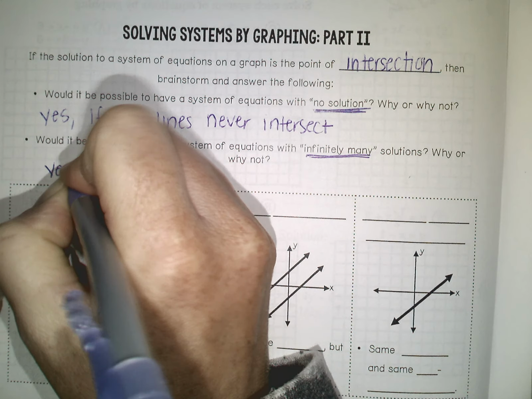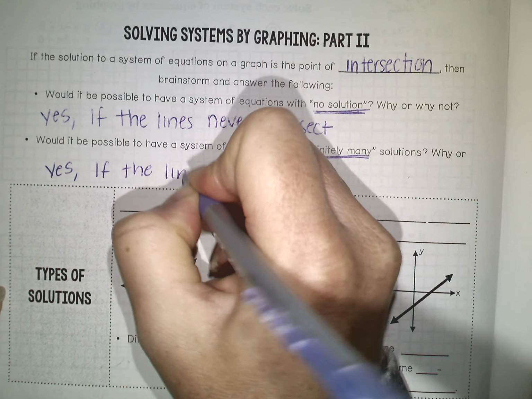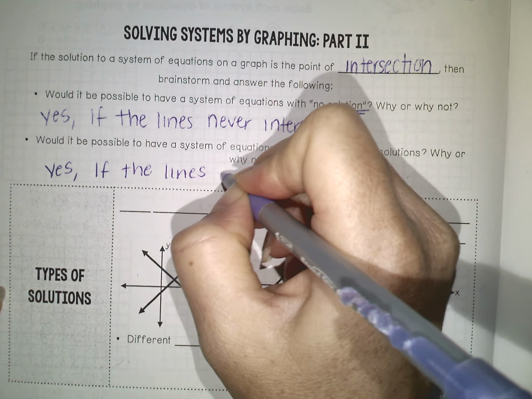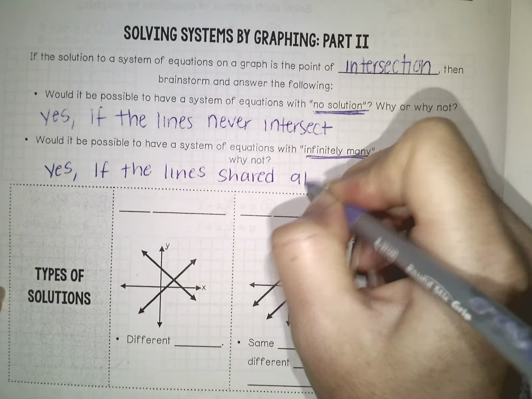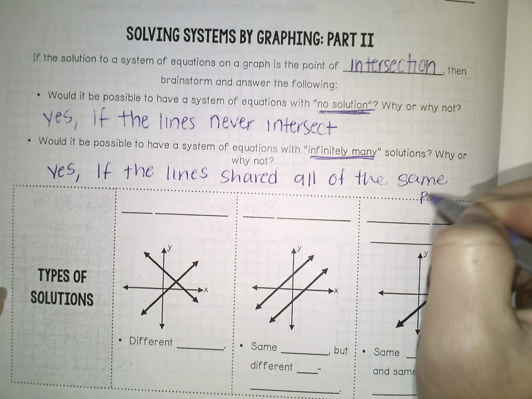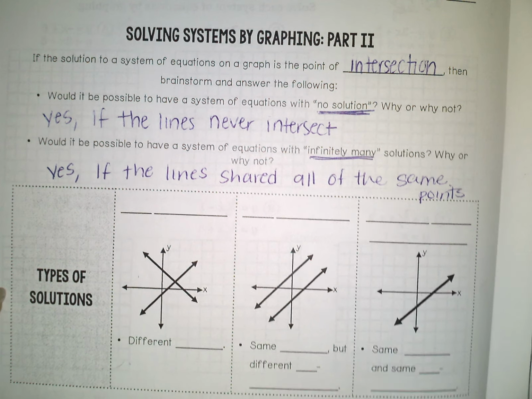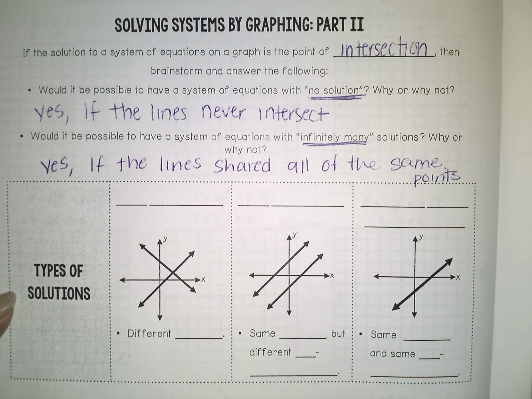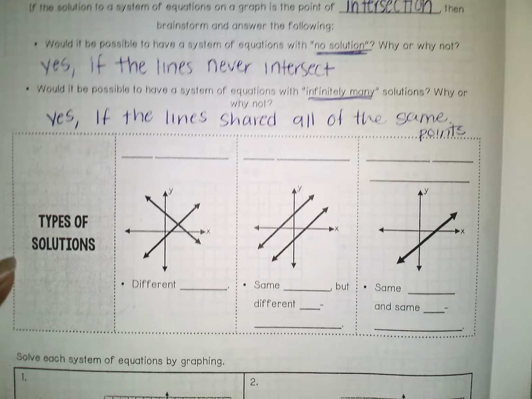It would be possible if the lines shared all of the same points. If it was basically the same line, with the same slope and the same y-intercept, those would be infinitely many solutions.